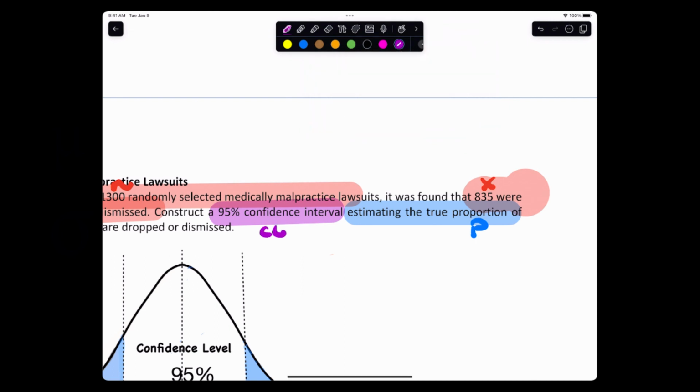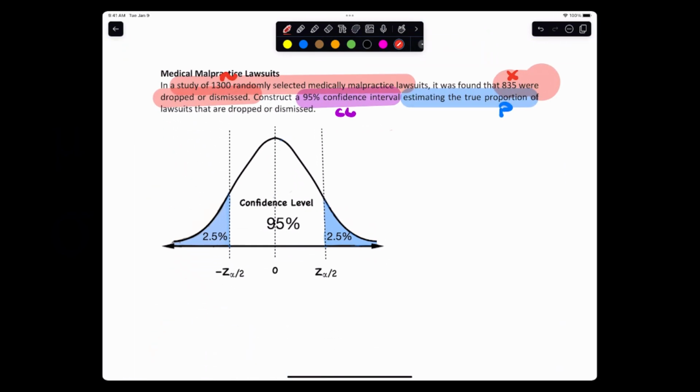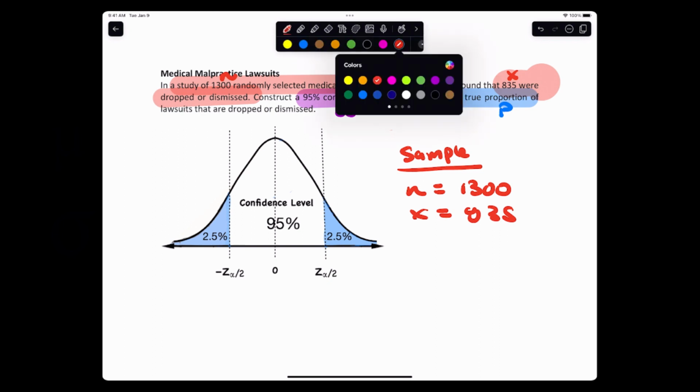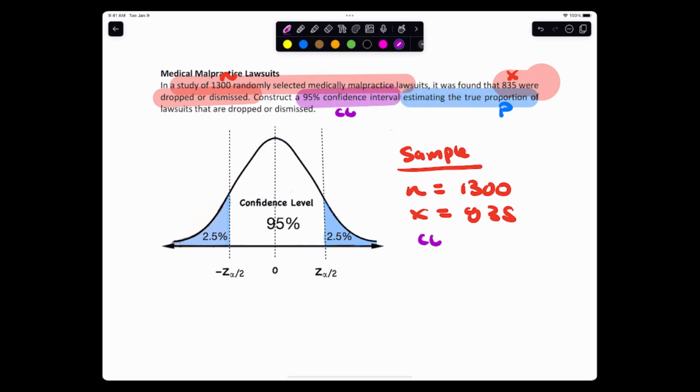So what I'm going to do here, again, I do it in red. Your sample. Let's write it down. N is 1300. X is 835. The confidence level is 95%, so 0.95.